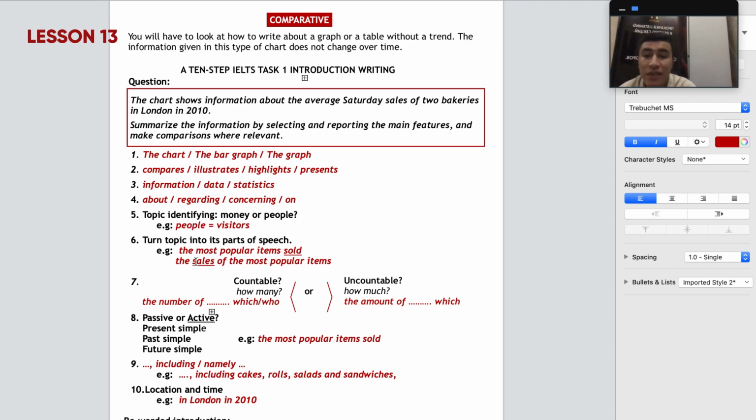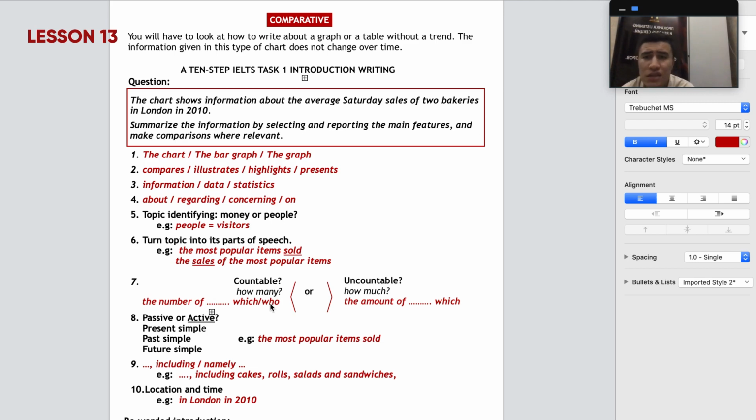Then you should change parts of speech. So you say the most popular items sold, the sales of the most popular items. And if your noun is countable, you can change the part of speech in two different ways, by using how many or the number of which or who.